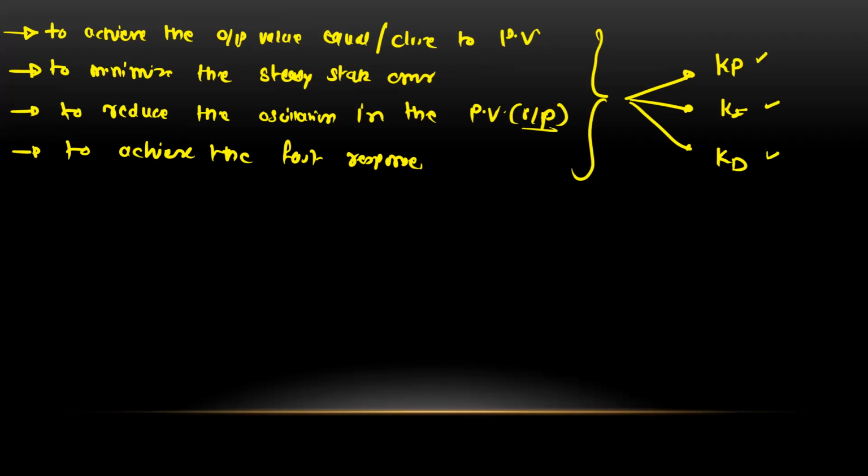Okay, now we will understand how exactly the Kp, Ki, and Kd operates the error.